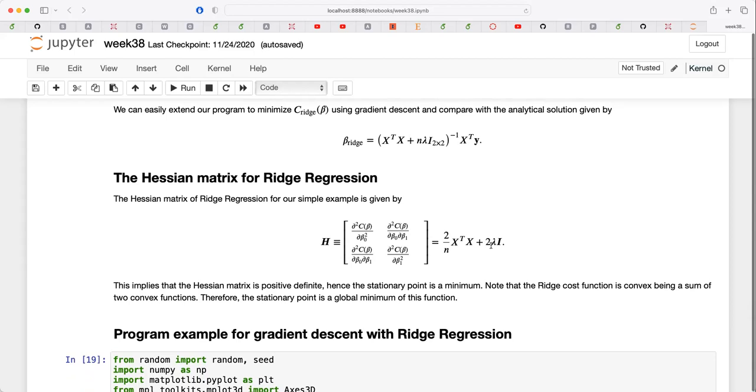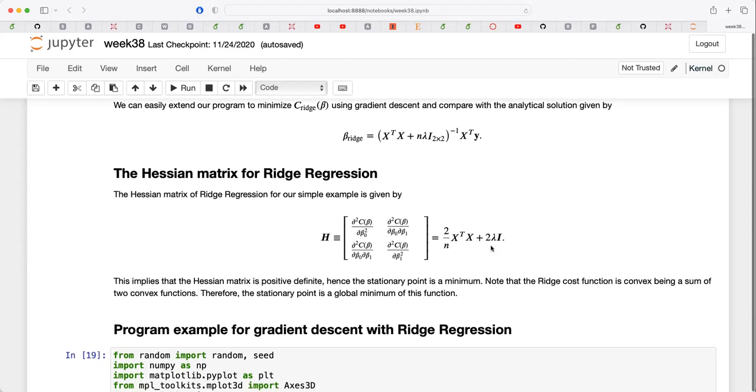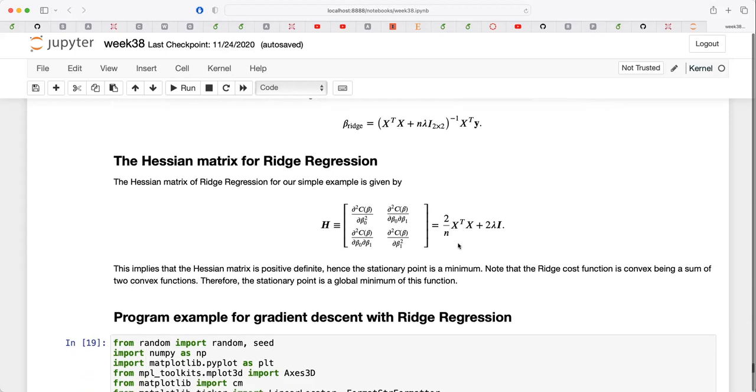Since lambda is larger than 0, it always makes this matrix positive definite, because the matrix itself, X transpose times X, is semi-positive definite. By adding this term, it will always give eigenvalues which are larger than 0. So that's a matrix which becomes positive definite, and it will always converge.